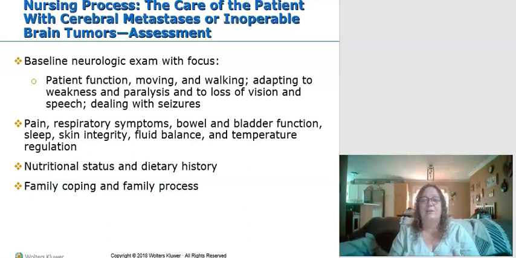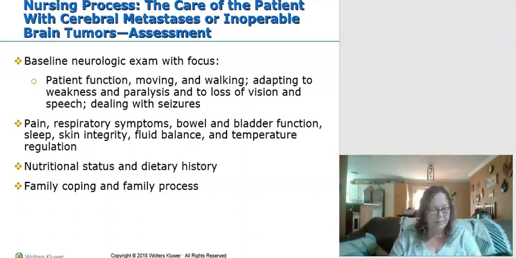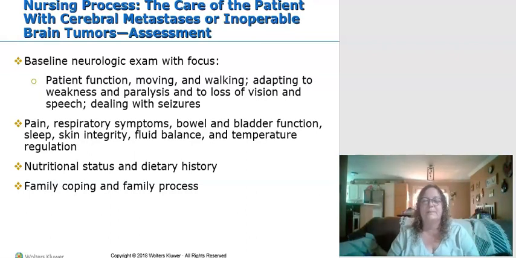So we want to do a baseline neurological assessment, which focuses on their function, moving, walking, adapting to weakness and paralysis, and to the potential loss of vision or speech, and dealing with seizures. The prognosis for these may be bad. This isn't every patient. There are some inoperable brain tumors that are found incidentally with something else that aren't growing and really don't cause this. But most of these patients may be terminal.